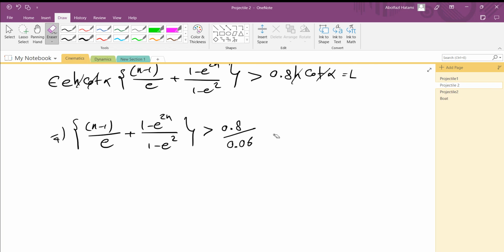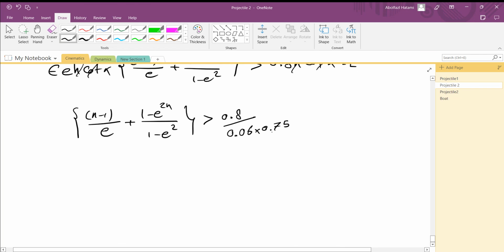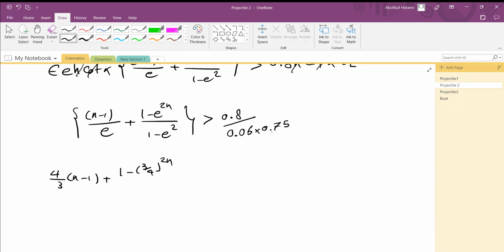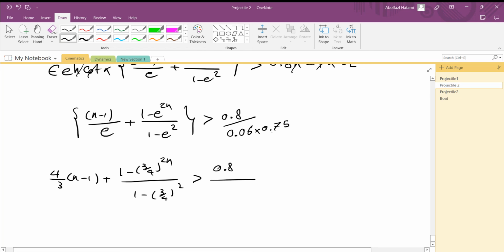Let me say that we divided by that, and it is something like this. So I can say that 4 over 3 n minus 1 plus 1 minus 3 over 4 to the power 2n, or 1 minus 3 over 4 squared, should be greater than this.